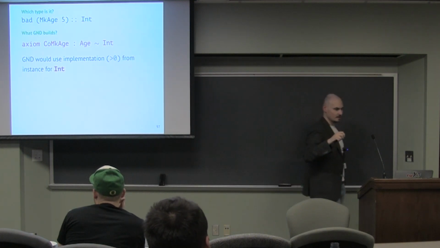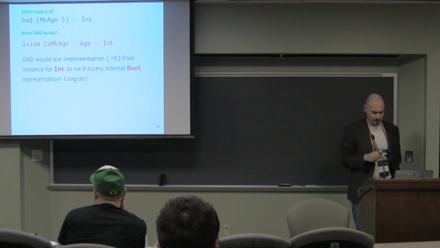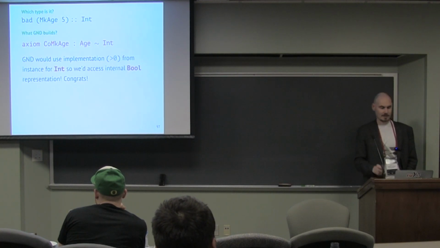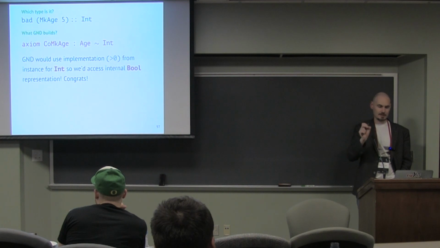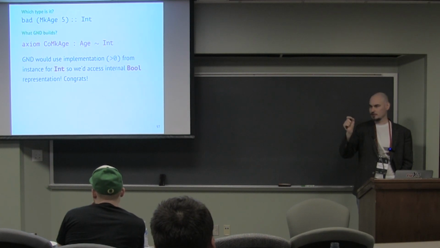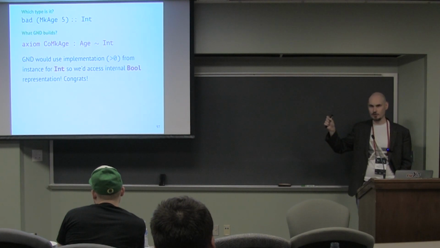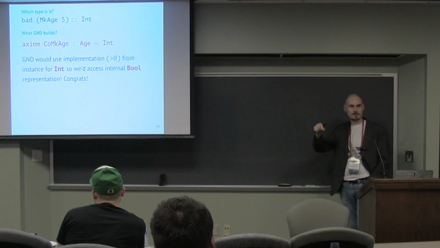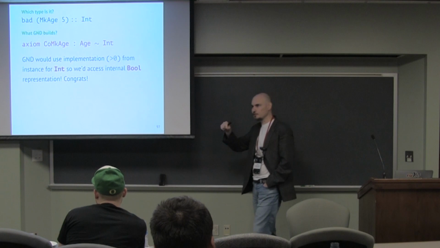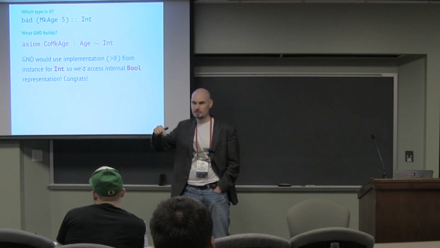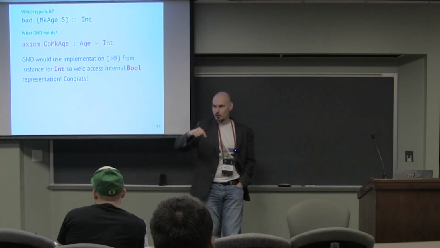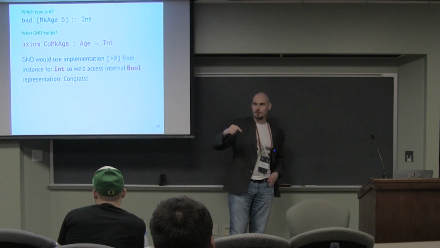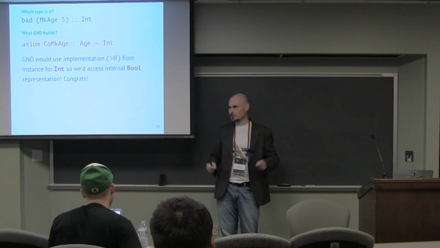So technically, the result will be a Bool value as a result of greater than 0. But we'll look at this Bool value as if it's an integer value. So your program gives you an integer, which is actually the internal representation of a Bool.